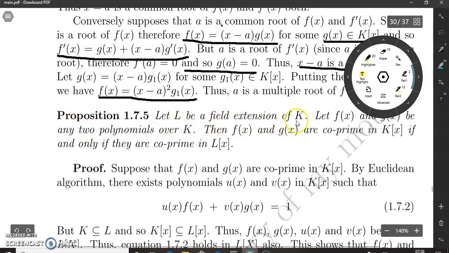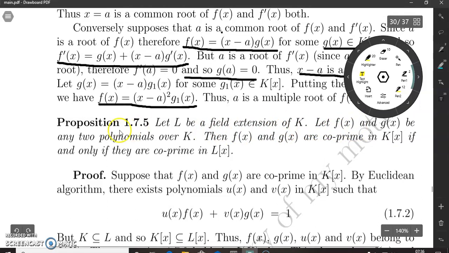Let L be a fixed field extension of K. Let f(x) and g(x) be any two polynomials over K. Then f(x) and g(x) are co-prime in K[x] if and only if they are co-prime in L[x]. So first we assume that f(x) and g(x) are co-prime in K[x], and then we prove they are co-prime in L[x]. Before proving this, you should remember the Euclidean algorithm in polynomial ring.